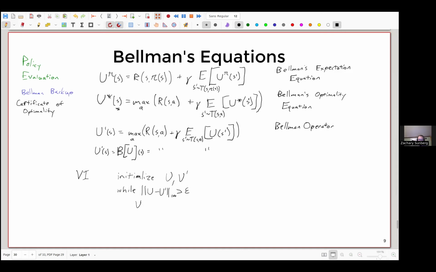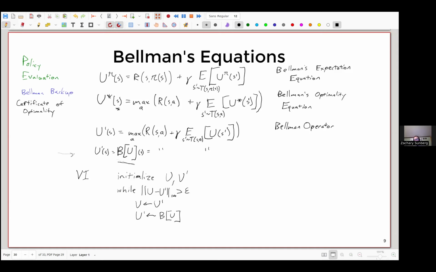Then we just reset U to be U', and then set U' to be the Bellman operator applied to U. So this equation is just for one particular state, but this Bellman operator can be applied to the whole value function or value vector. And this is the value iteration algorithm written with that Bellman operator.